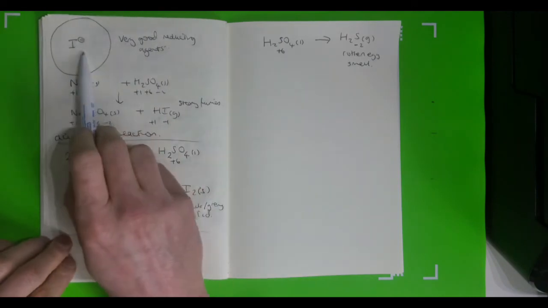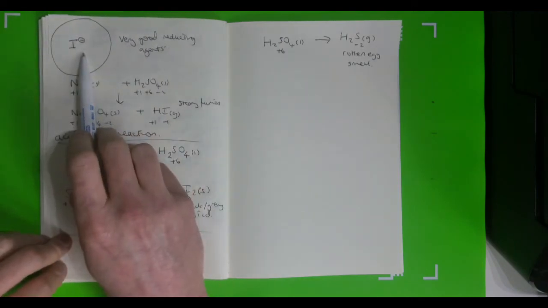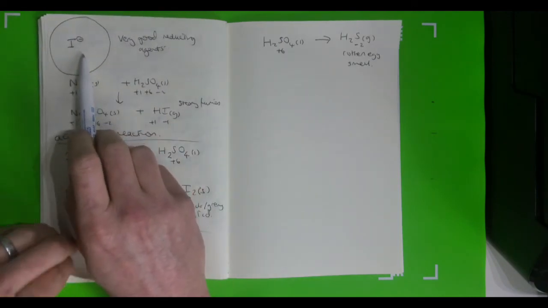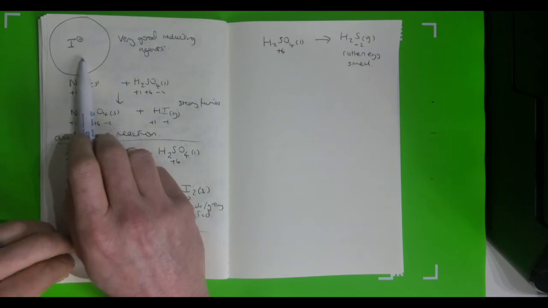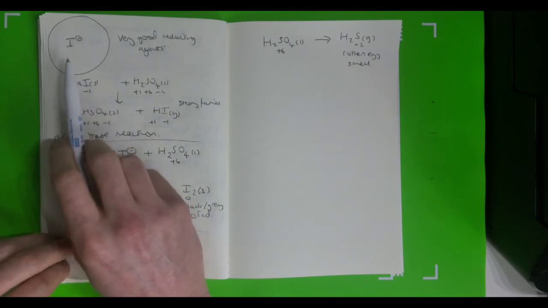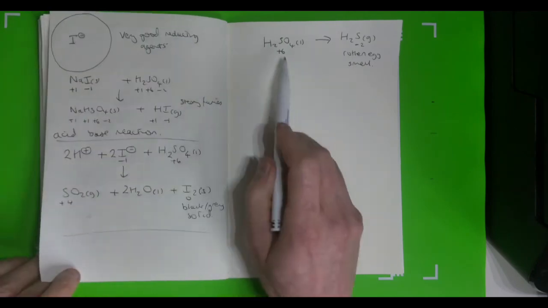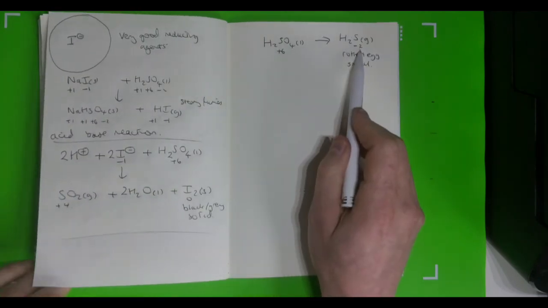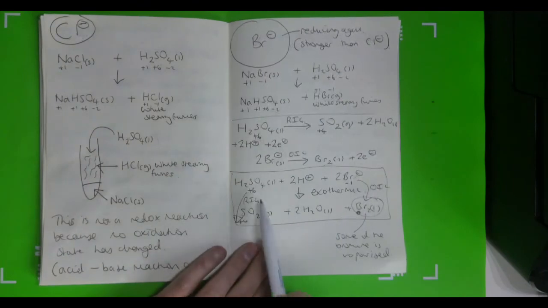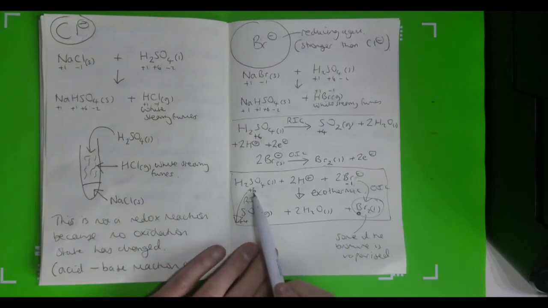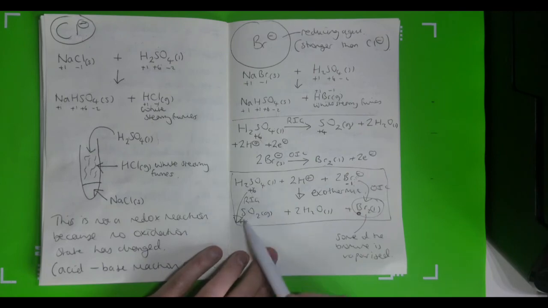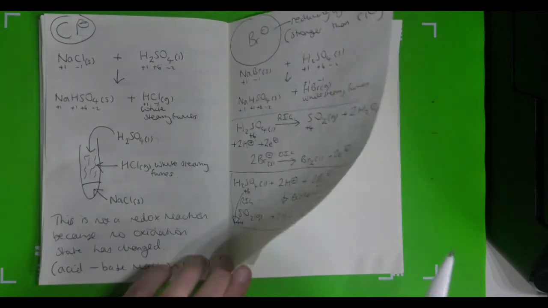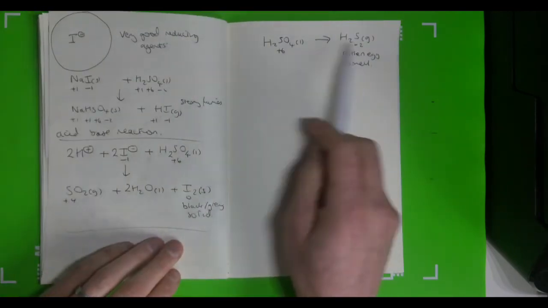And that's because this iodide ion is huge. It gives electrons away really, really easy, because those electrons are really quite far from the nucleus, and they're really quite shielded as well. It goes from +6 to -2 sulfur, whereas here it only went from +6 to +4. Yes, there is a drop. It's getting more negative. But look how negative that's gone there.